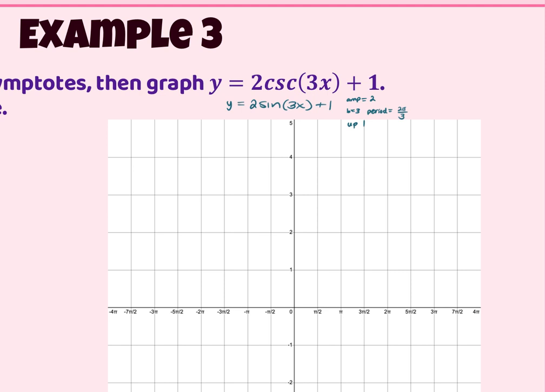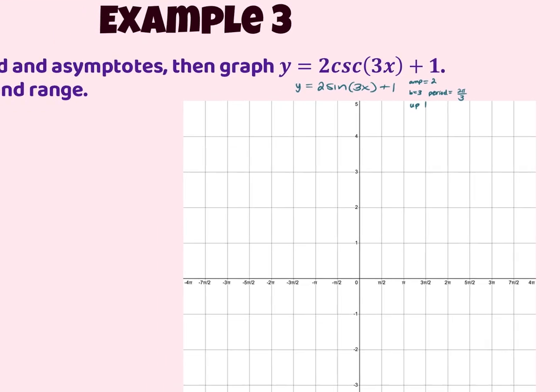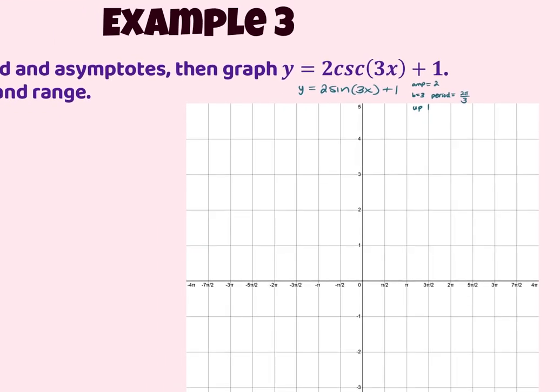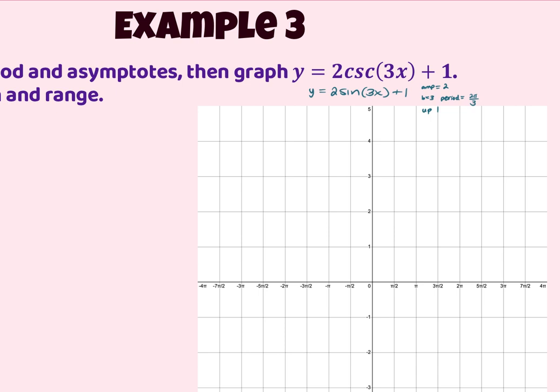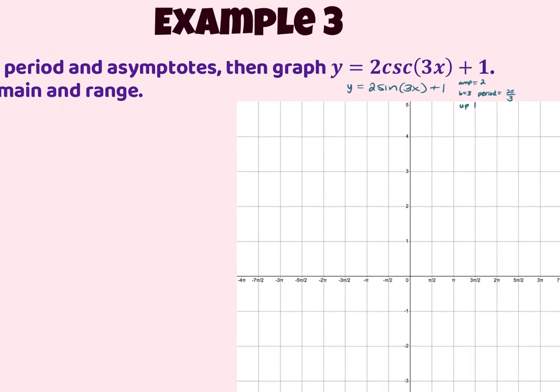But in order to figure out exact points now, I would recommend, which is how we taught it last year, you take your period and multiply it times a fourth, a half, and 3/4. That's how you find your key points here. So take your period, 2 pi over 3, multiply it times a fourth, times a half, and times 3/4.